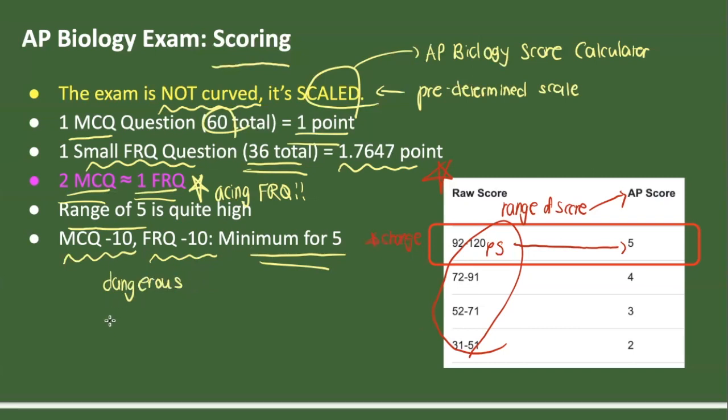So I highly recommend that you miss around 5 to 6 MCQ. And because generally FRQ questions are deemed way more difficult, around 8 FRQ questions, that will generally result in a safe 5.